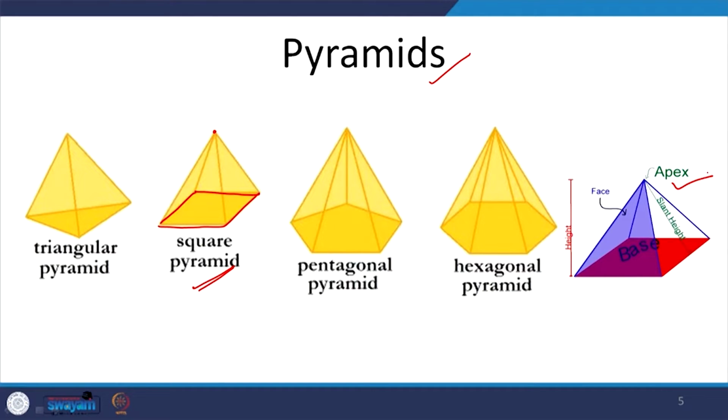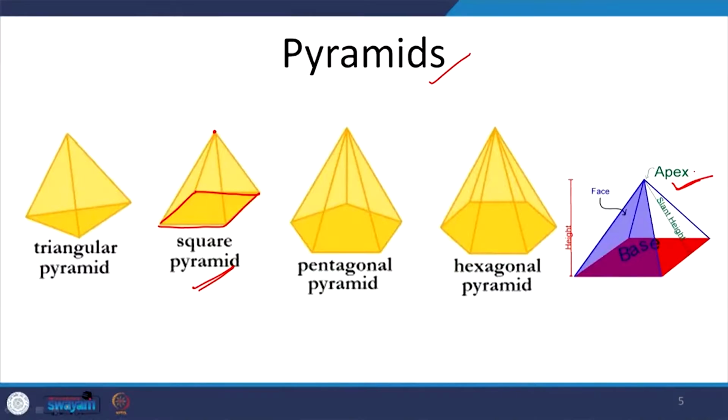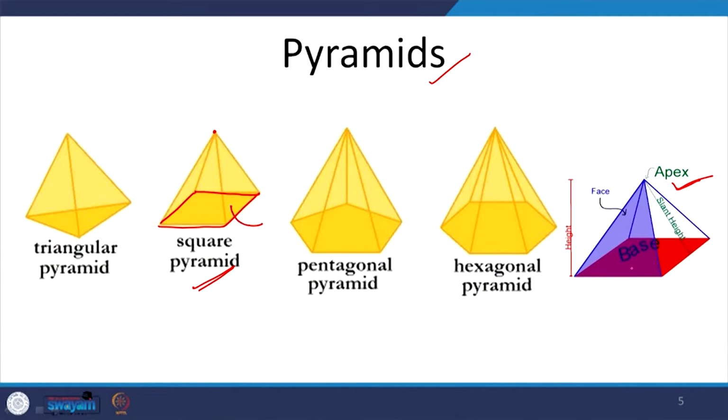So, instead of the faces remaining rectangular, if the faces become triangular and they meet in one single point called the apex, the shape which emerges is called a pyramid. Now, pyramids are also of various types. Here we have the base, exactly similar to that of a prism.